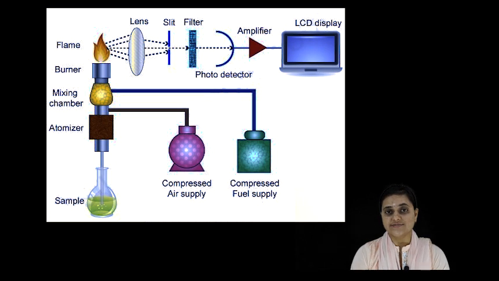Here comes the important thing which plays a role in the flame photometer. What we are going to do is heat the sample. As I said earlier when explaining the principle, we heat the sample to a higher temperature. When we heat the sample at a higher temperature, the molecules in that solution will dissociate, and they will absorb the energy, that is heat energy, because we are heating that sample.